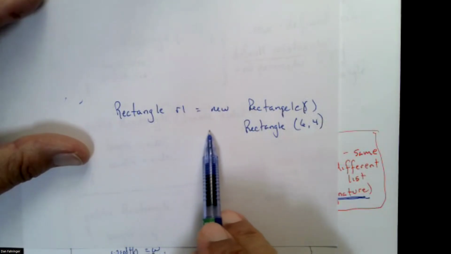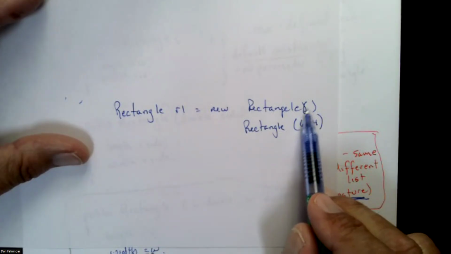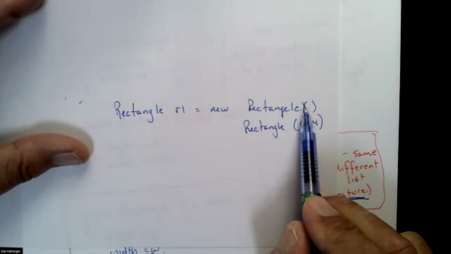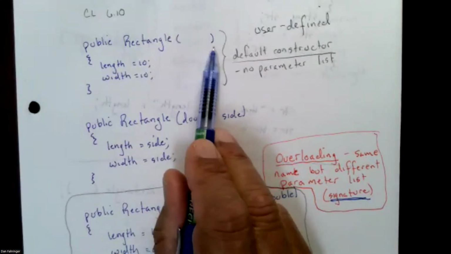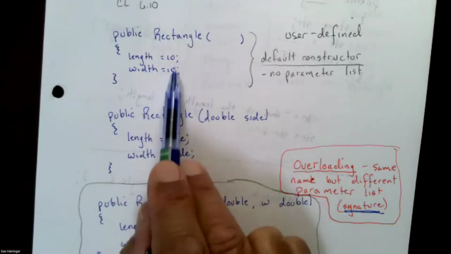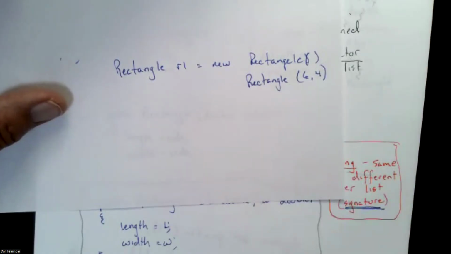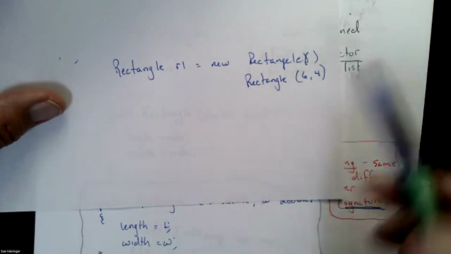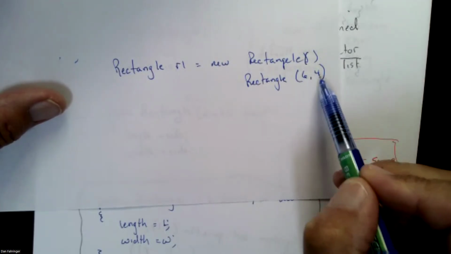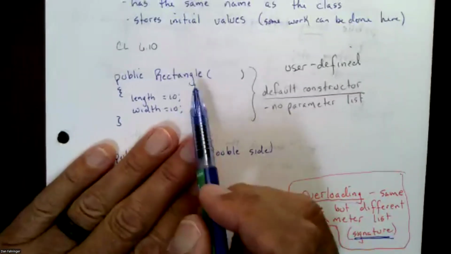So when I instantiate the object, I'm actually calling a constructor. If there's none there, it calls a default. I can create my own defaults. So when I instantiate an object without anything in parentheses, it goes here. If I instantiate an object with something in parentheses, it goes to a different one that has two arguments being accepted.